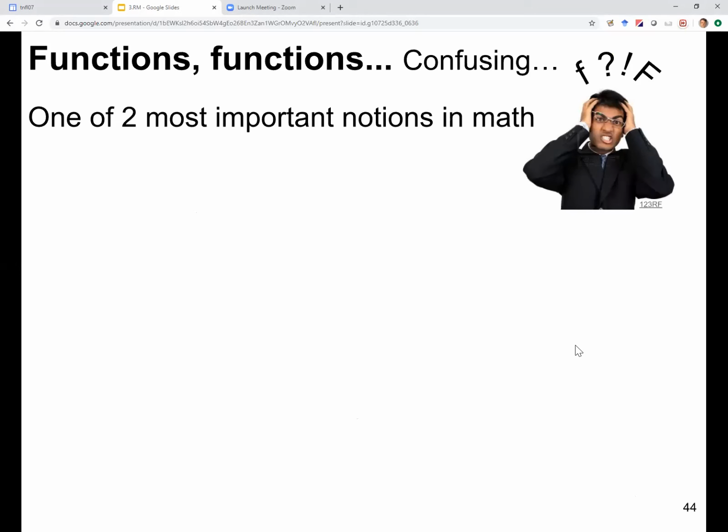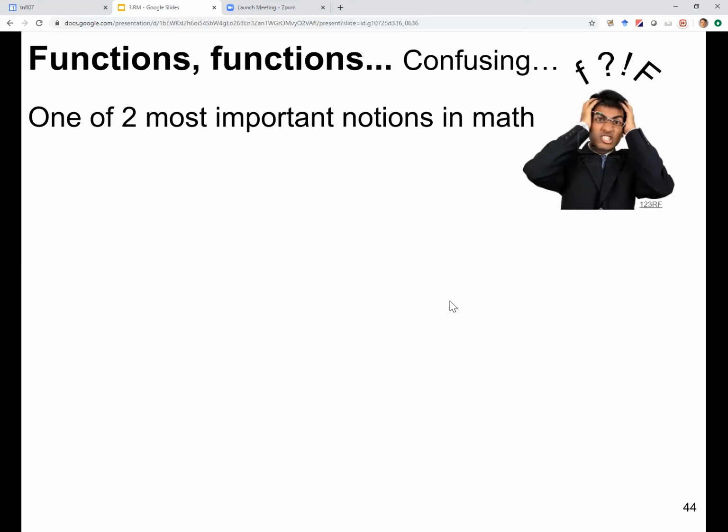Yes, we were talking about lots and lots of functions, and there is a reason for that. The notion of a function is one of the most important, most basic notions in mathematics. What is the second most important notion in addition to the function? That's the notion of a set.